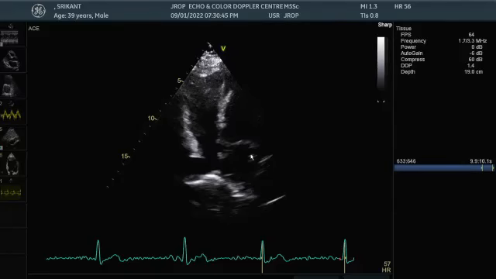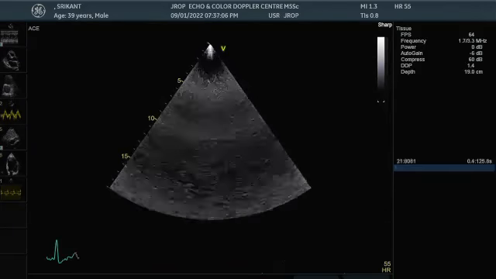Dr. Ravindra Ankam: Sir, good evening. Can you show me the LA quantification, LA volume size once again, sir?